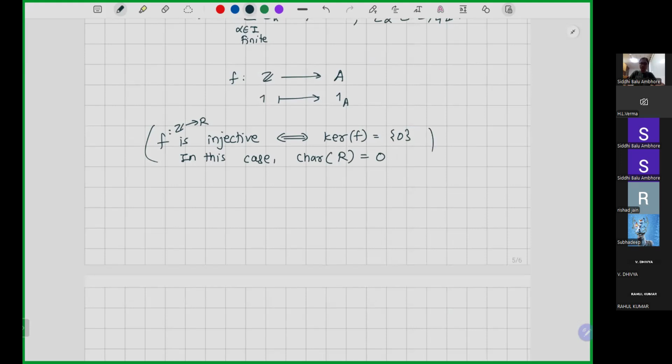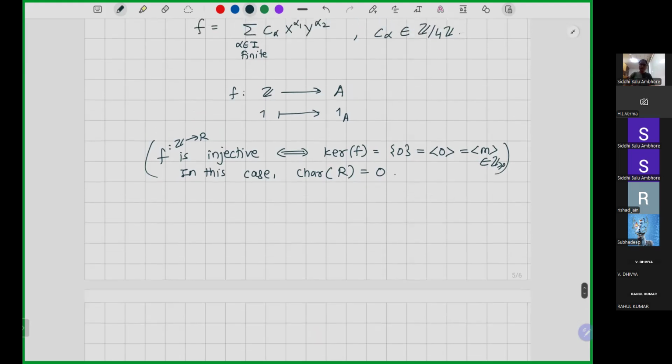That's the only thing which I said earlier. Is it okay? Because kernel F is 0 means what? It is generated by element 0, so here that non-negative M is 0. So that's what I wanted to say earlier. Is it okay?